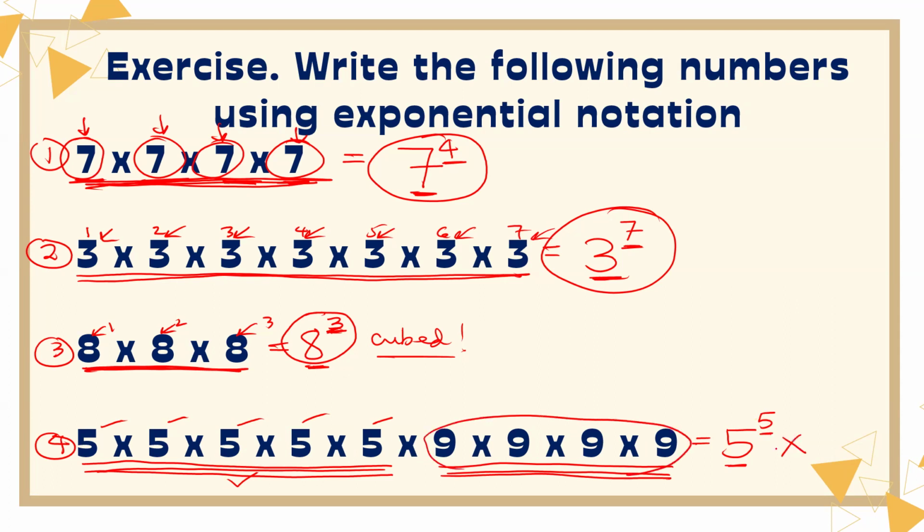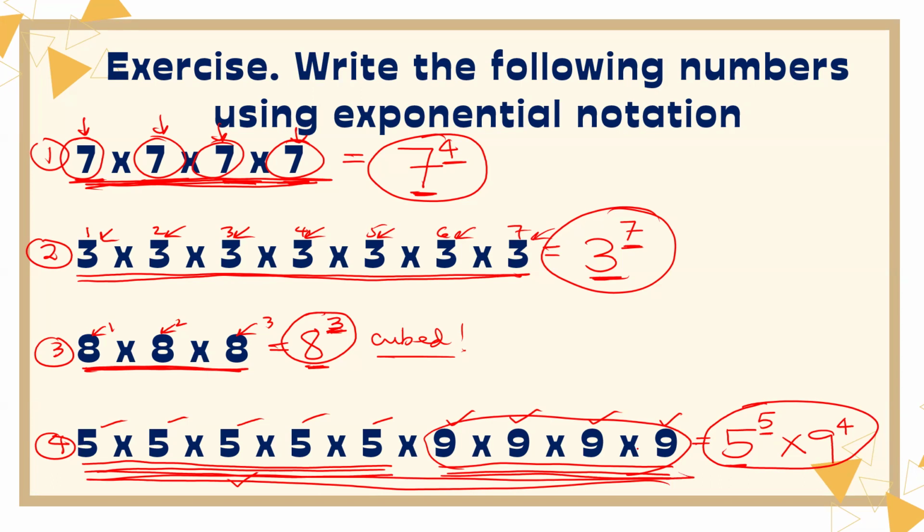We will multiply 5 raised to the 5 with the second base 9, and then we count how many nines we have. 1, 2, 3, 4. So that would be 9 raised to the fourth power, right? And this would be the exponential notation for this particular number.